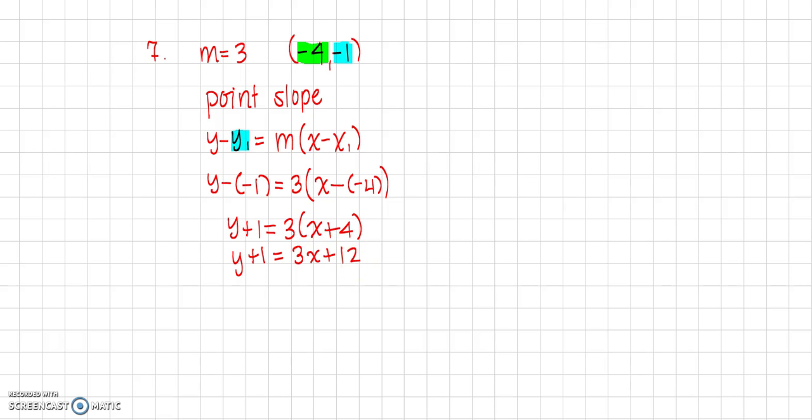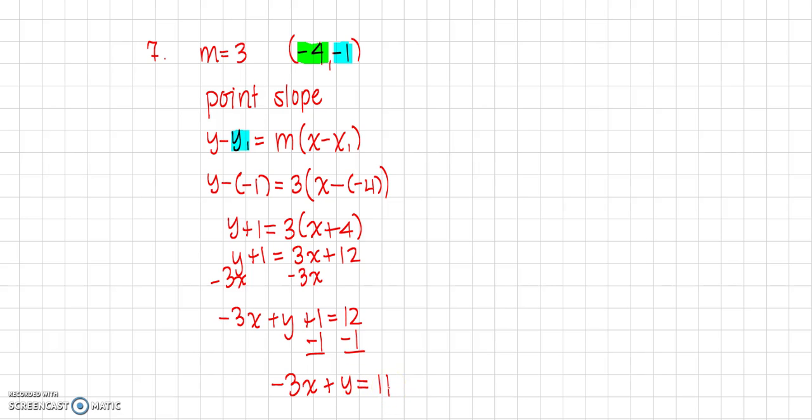We want to write this in standard form, so I want the 3x on the other side, so I'm going to subtract 3x, move 3x over, so that gives me -3x plus y plus 1 equals 12. Then move the 1 over. So you have -3x plus y equals 11.